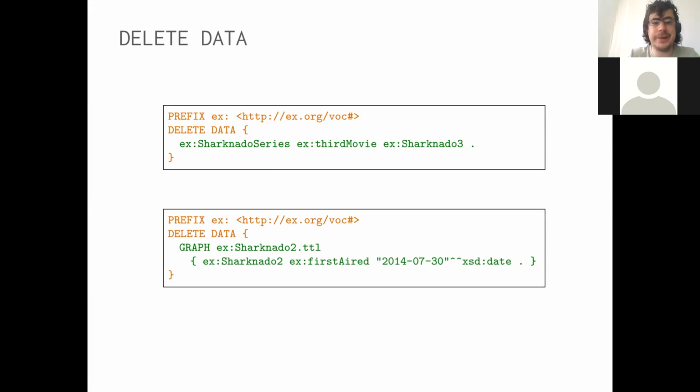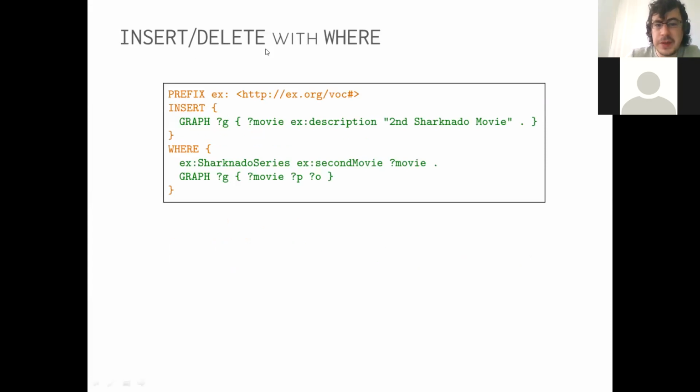What about using queries to manipulate the data? We can do that with a WHERE clause, combining, for example, INSERT or DELETE with WHERE. What we can do in the WHERE clause is query, for example, to find the graph associated with the second movie of the Sharknado series, and we can query for all of the triples about that.